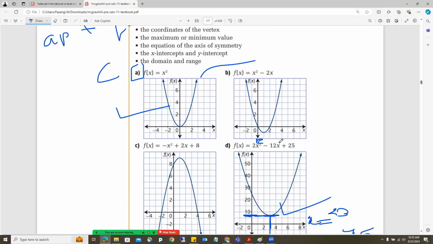Okay. And then the coordinates of the vertex. And there we have again a minimum value. And the equation of the axis of symmetry, x equals 3, right? And the x-intercepts and the y-intercepts: does this curve have x-intercepts?